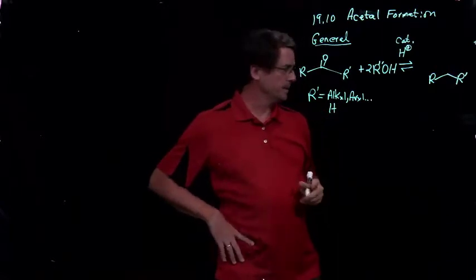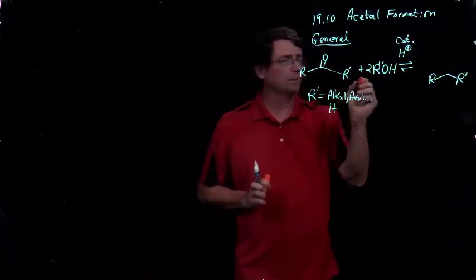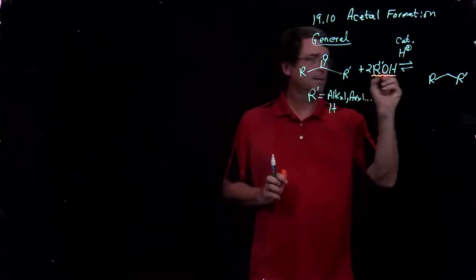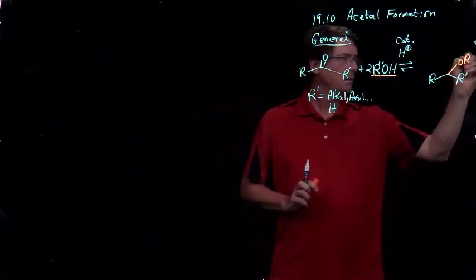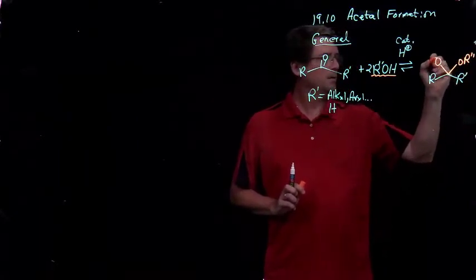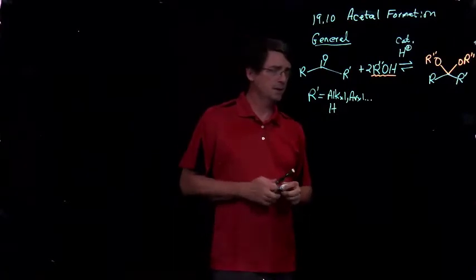so there's the fragment that came from my ketone or my carbonyl compound. I'm going to switch to red here for the parts that came from the alcohol, OR double prime and OR double prime. So there are some key things to note here.